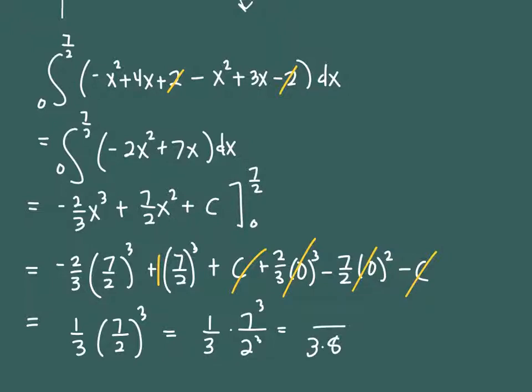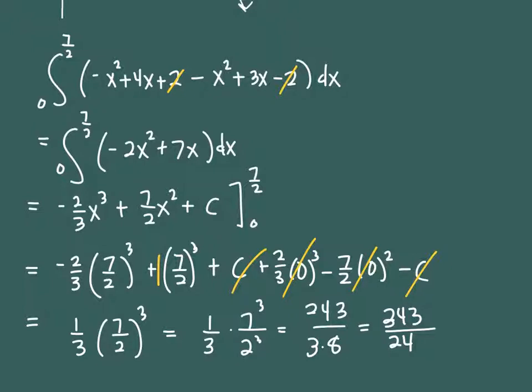So that's 3 times 8, which is 24, and 7 cubed is 49 times 7, which is 343. So it's 343 over 24.